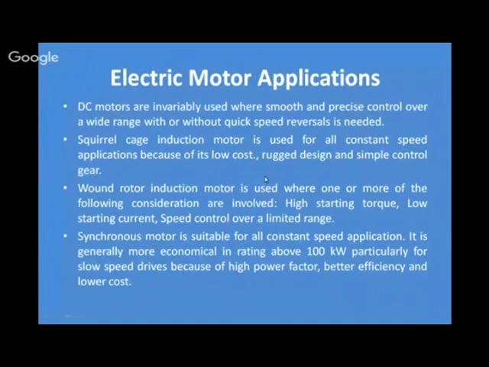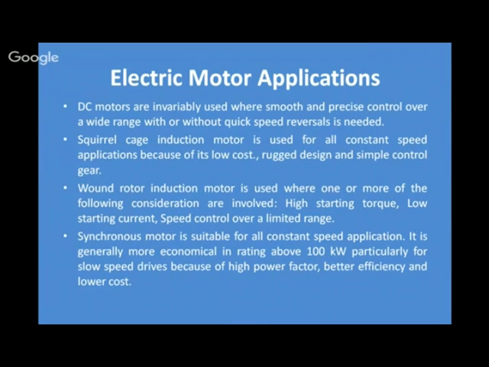For example, DC motors are used widely for a wide range of applications requiring quick speed reversals, and squirrel cage induction motors are rugged and low cost, so they are also used very widely. However, wound rotor induction motors are used only where we have a high starting torque requirement, low starting current, as well as speed control for only a limited range of speed.